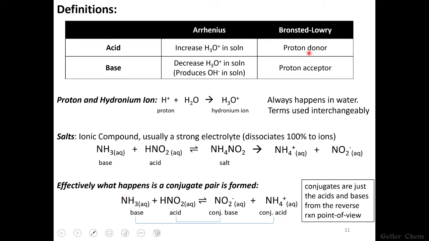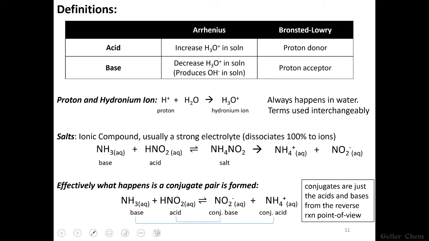In other words, it's a proton donor, it's an acid. NO2- is picking up that proton and becoming HNO2. In other words, it's accepting a proton, it's acting like a base. And so again, the conjugate acids and bases are just the acids and bases from the reverse reaction point of view.